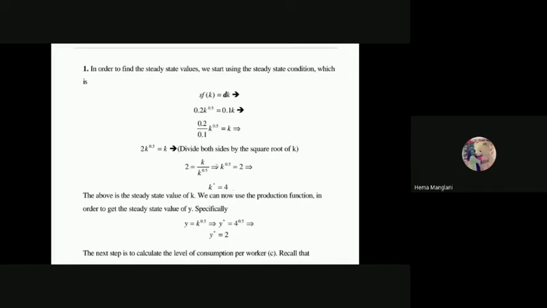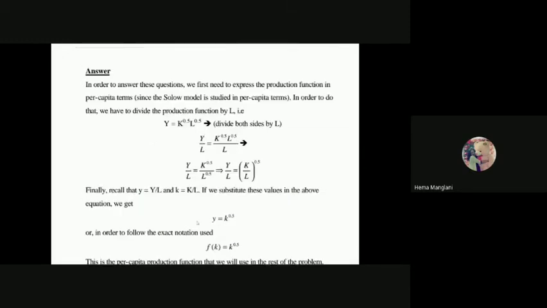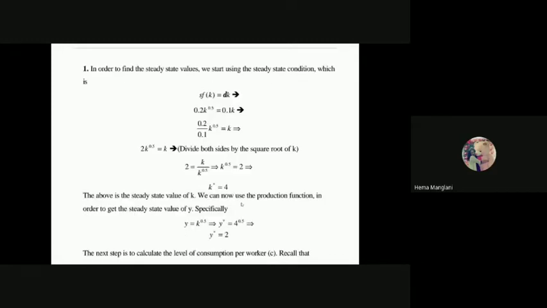So the k star value is substituted in your y function, which equals k power 0.5. So 4 power 0.5, and the value of y star you get equals 2. It means at the steady state level, the output per worker will be 2 and the capital per worker will be 4.